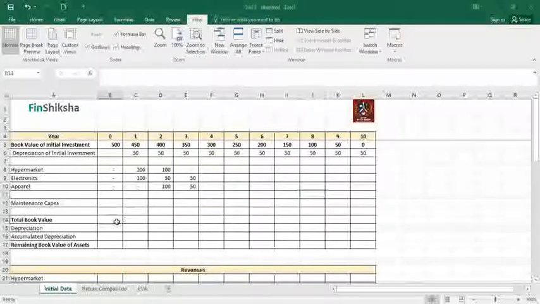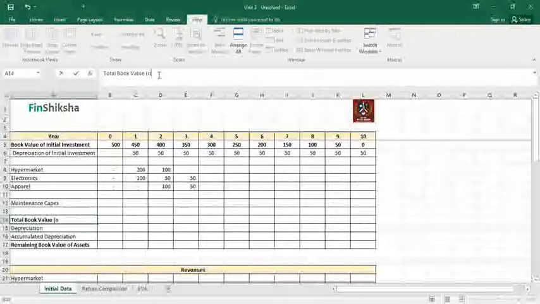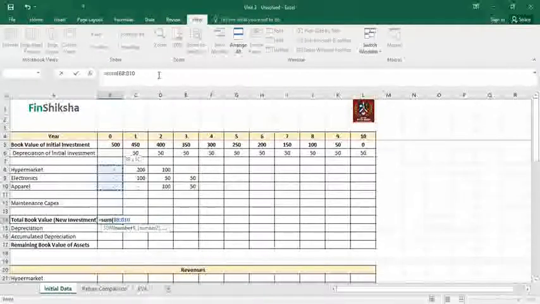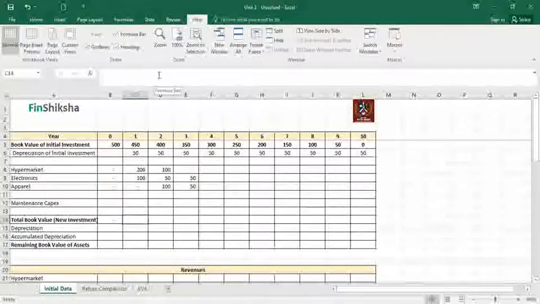Now we need to find out the total book value of all this new investment that the company is doing. That's nothing but the sum of all these things put together. Right now, the book value will change, so I can't use this formula, because last year's book value plus this year's capex is going to give me the total value.